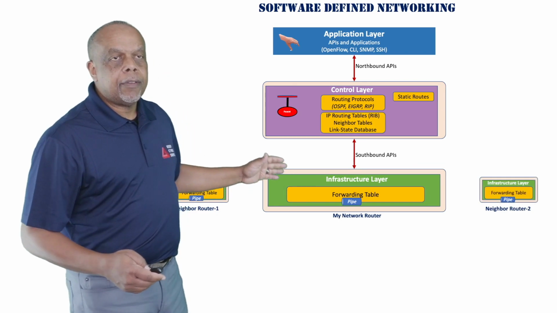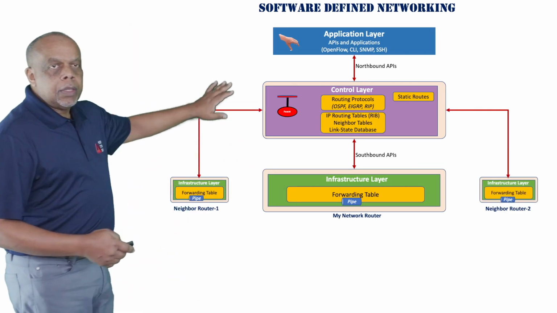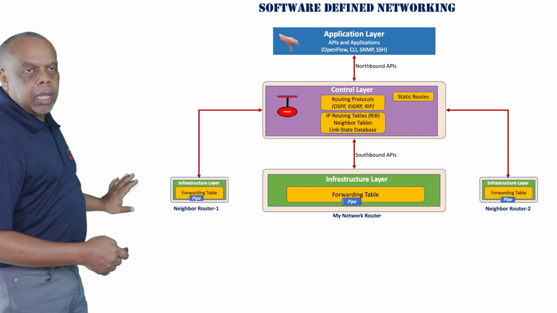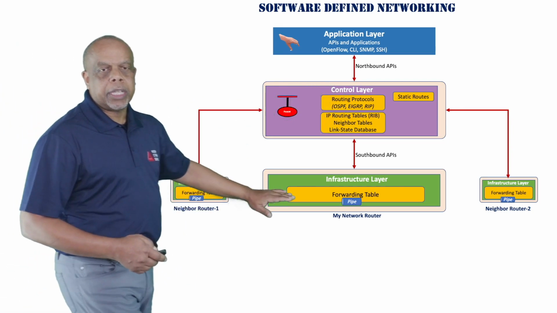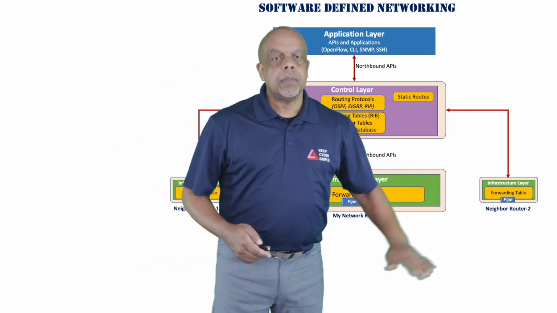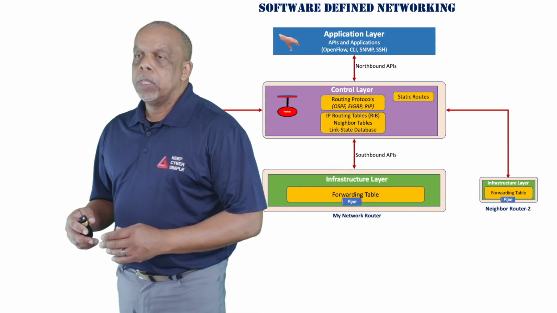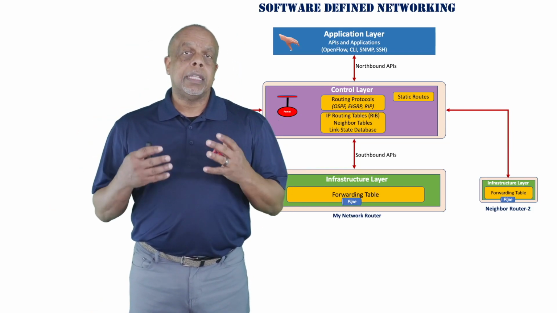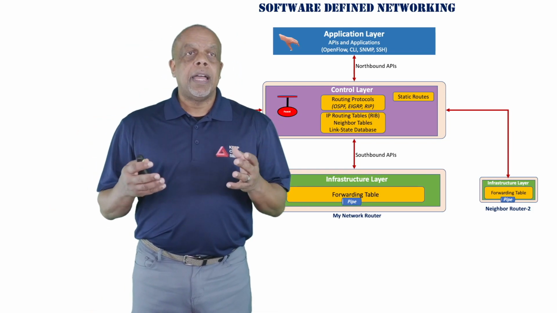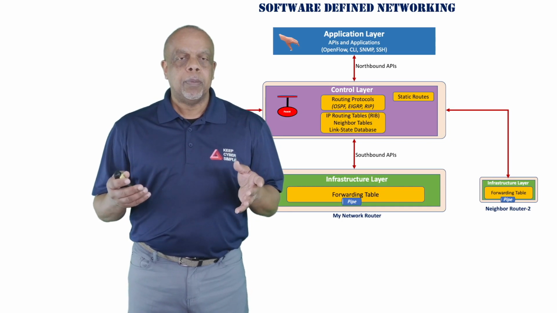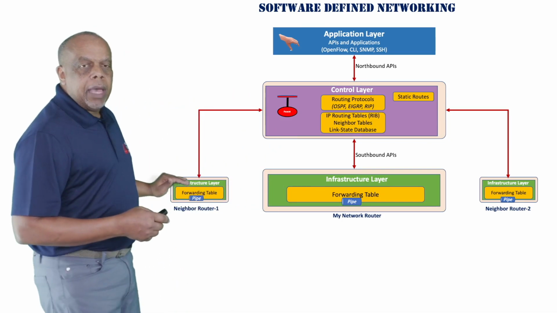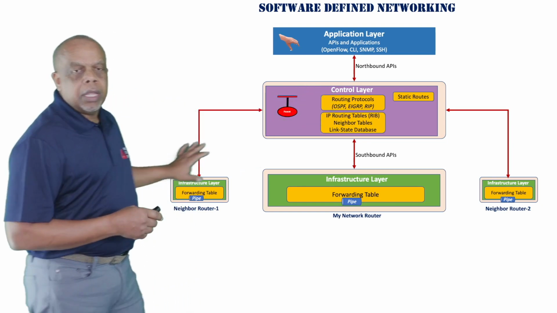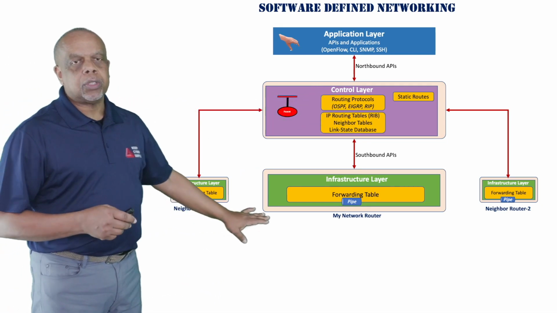Meaning I can have this abstracted control layer controlling multiple infrastructure layer devices. So when you have network hardware that is software-defined networking or SDN capable, it is looking for a centralized control layer to make the decisions on how it's going to route.